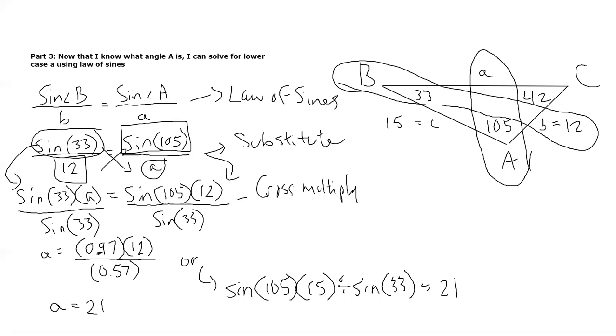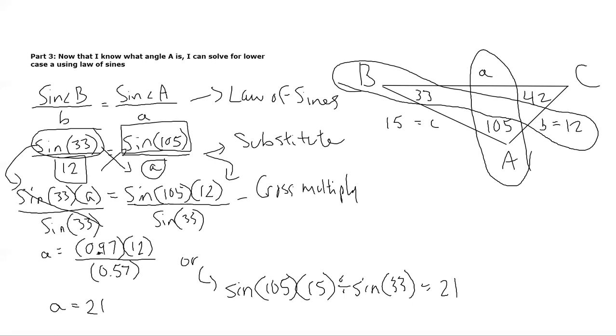And currently, a is multiplying by sine of 33, so I have to do the opposite of multiplication. I have to divide both sides by sine 33, so I can cancel it out here, and a will be by itself. Then I end up with sine of 33 on the other side.